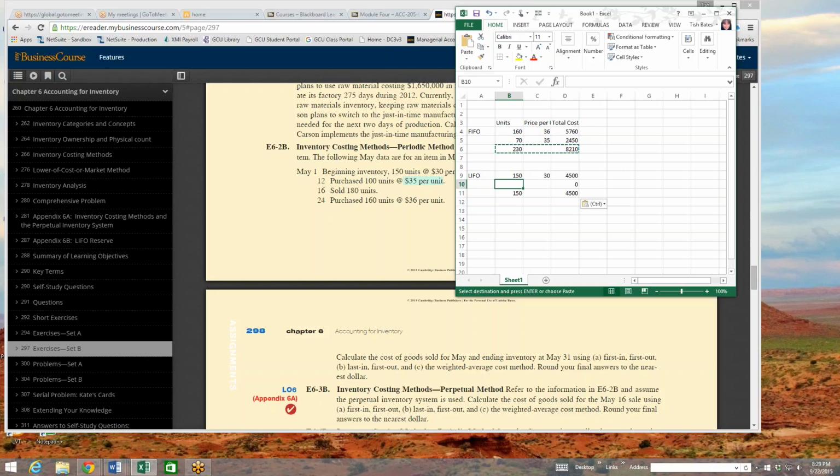because you're taking the units out of the 150 or the 160 units that you just purchased, right? So, sorry, not that you just purchased, the 180 units would be taken out of the 100 units of inventory first, and then the 150 units remaining.